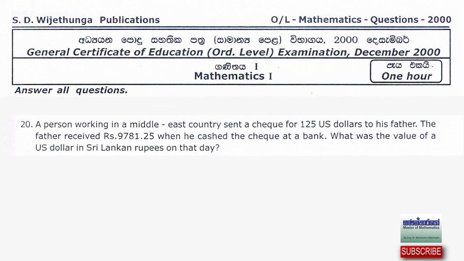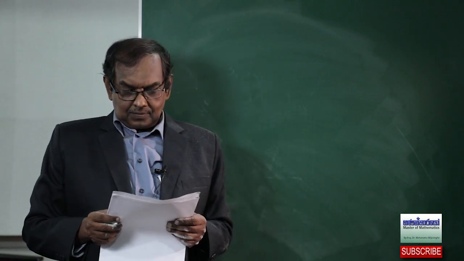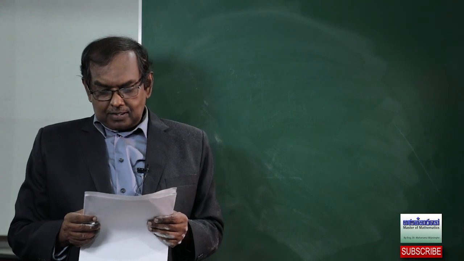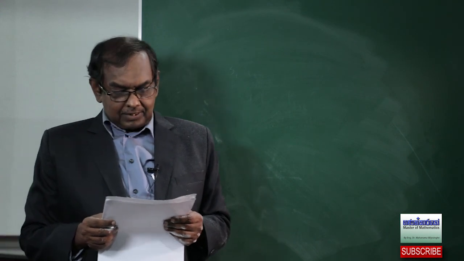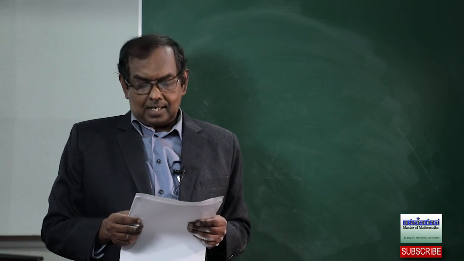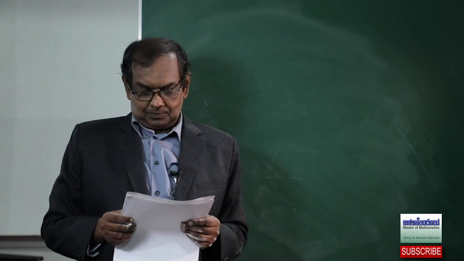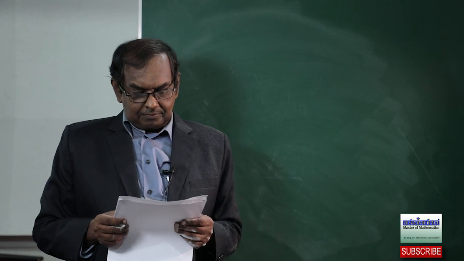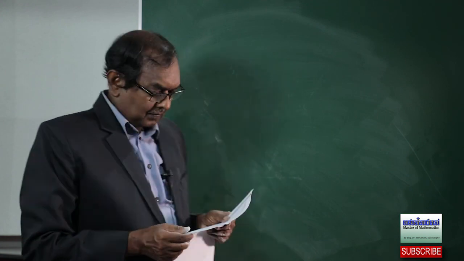What was the value of a US dollar in rupees on that day? That means 125 US dollars equals rupees 9,781 and 25 cents. Here it asks what is the value of a US dollar.